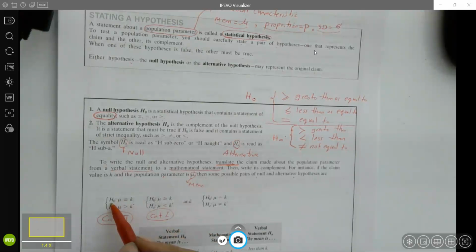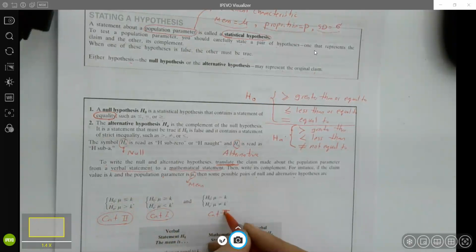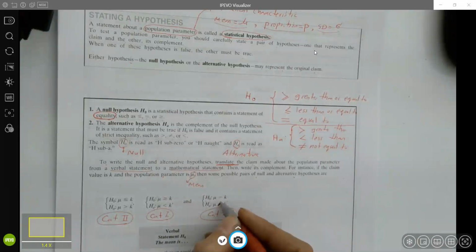Null hypothesis says mean is less than or equal to K. Its opposite, mean is greater than K. And the last category, category 3, says null hypothesis, mean is equal to K. Alternative hypothesis, or the opposite of your null hypothesis, mean is not equal to K.